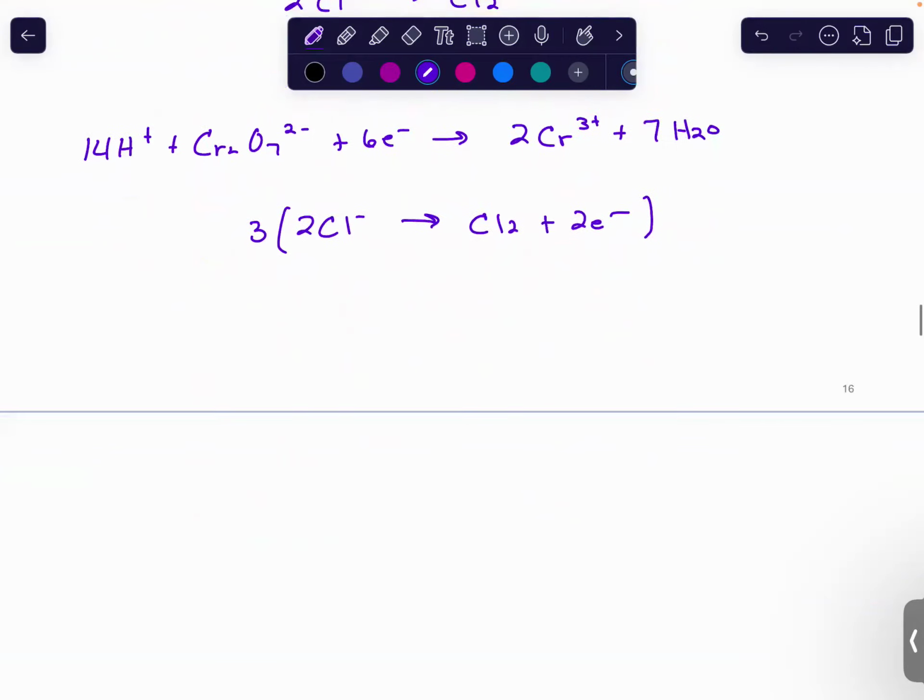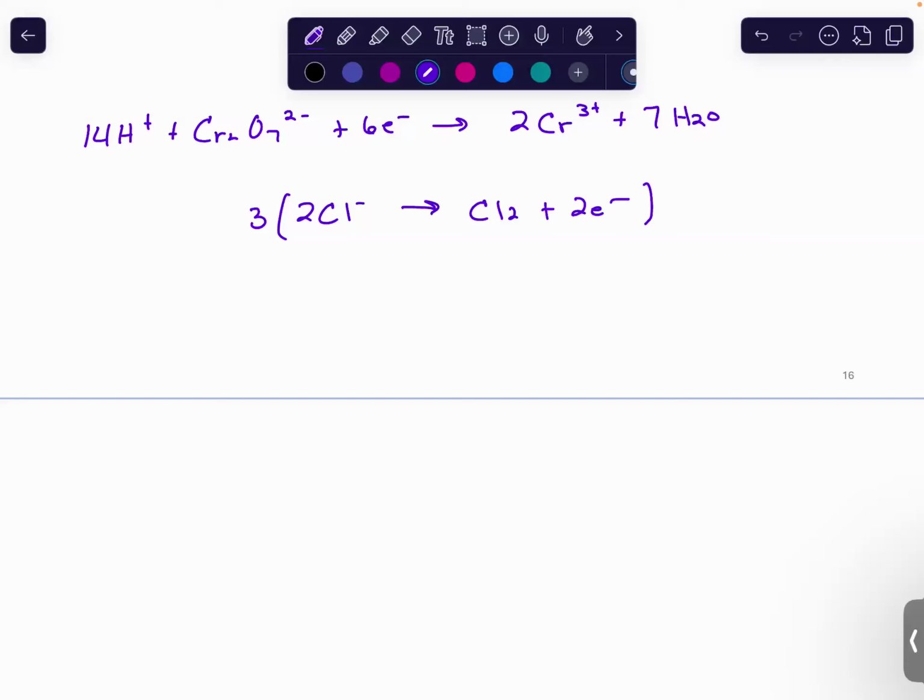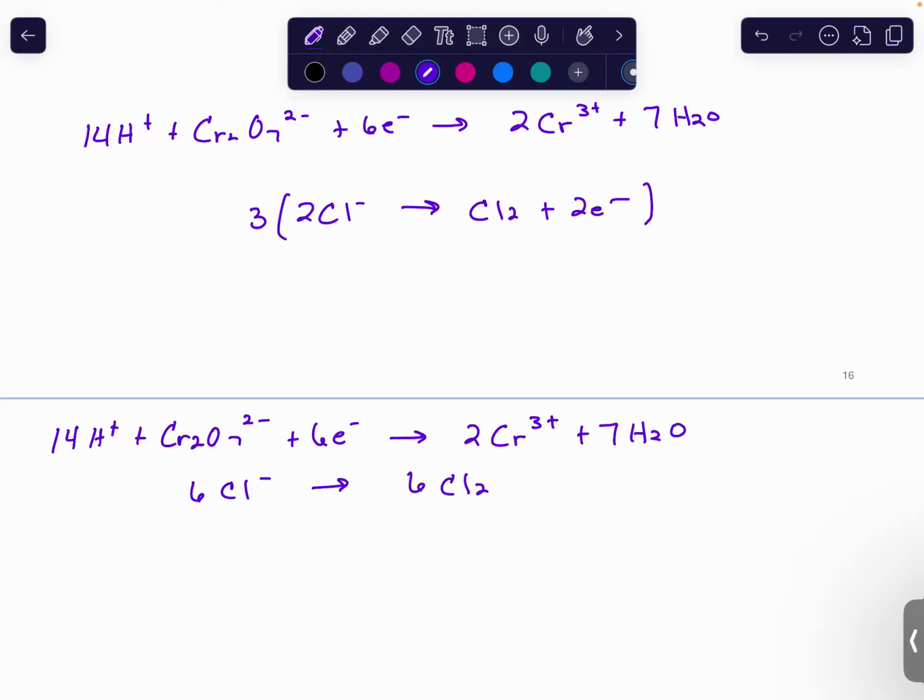Okay, so when I write these in order to add them together, and then I'm going to get 6 chlorides, 6 chlorines, and oh, not 6, 3. 3, 3, because it's 6 electrons.